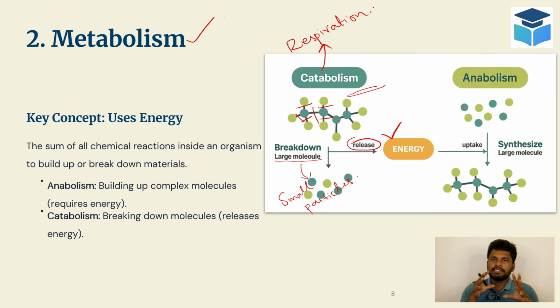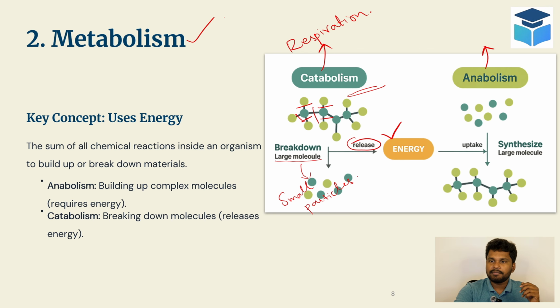Respiration is the best example for catabolism because we are taking energy in the form of C6H12O6, which is glucose. That glucose is cut down to generate energy in our body. To grab energy from the food, which is C6H12O6, we are breaking down the molecules to get energy from the food that we take. That is catabolism. Next thing is anabolism.